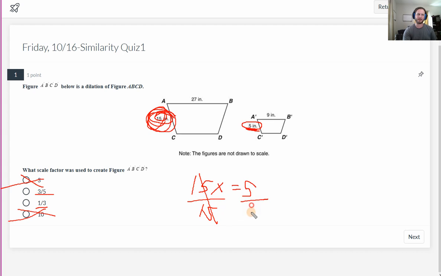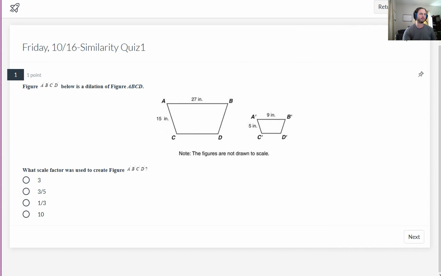Even without a calculator, you can do this. X equals 5/15 simplifies to 1/3. So that's what the answer should have been for this problem. We're going to move on to the next one after I clear that. Good. All right, next question.